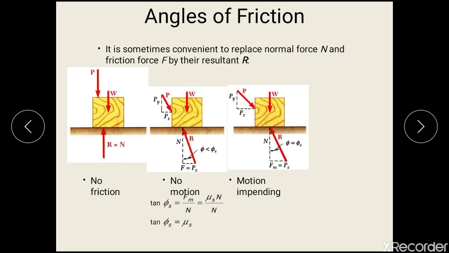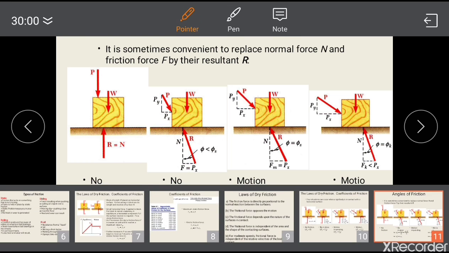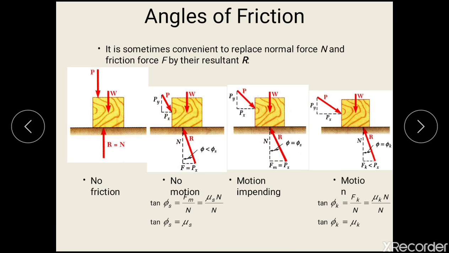Third one, phi equals phi s, motion impending. Fourth one, phi equals phi k, that means Fm becomes Fk. So for kinetic friction, tan phi k equals mu k.